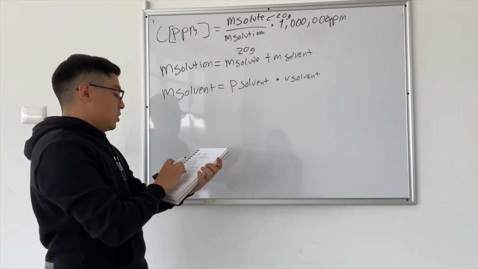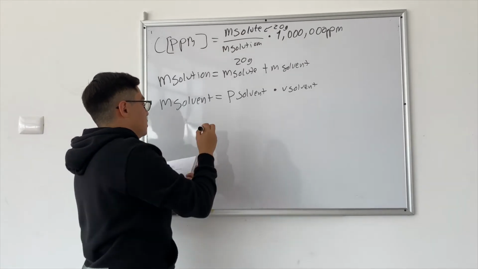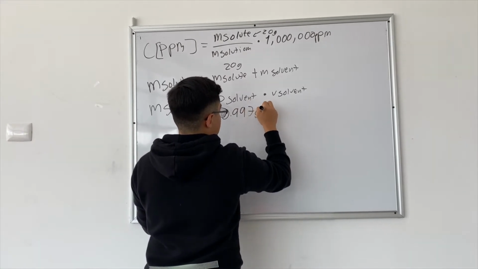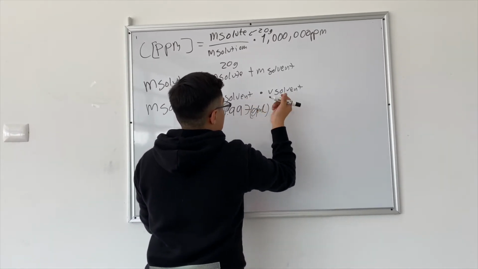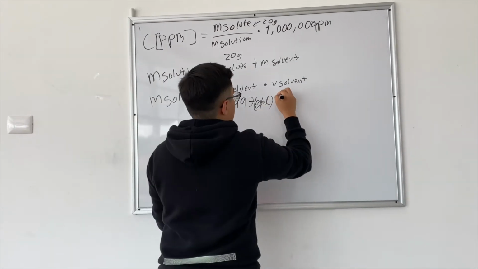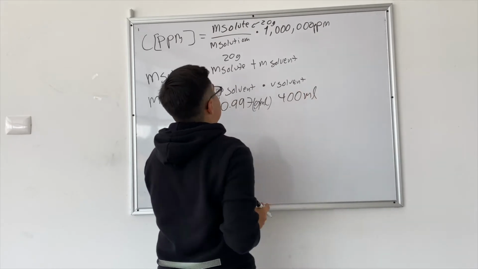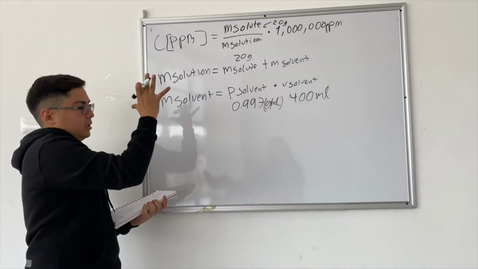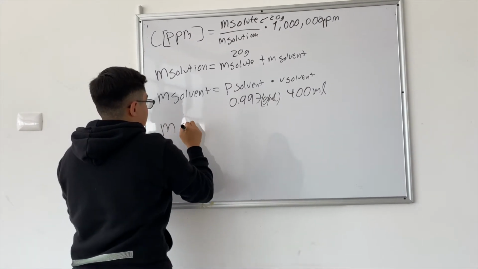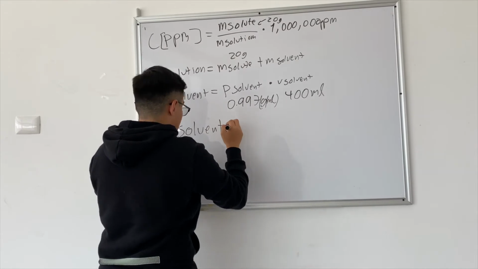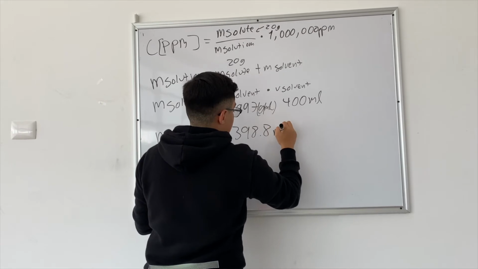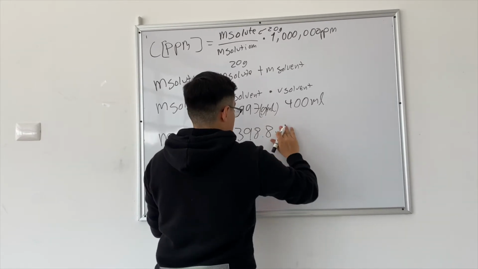So according to our data, we know that the density of the solvent equals 0.997 grams per milliliter. And we know that volume of the solvent equals 400 milliliters. So now we're gonna multiply each one. So mass of the solvent equals 398.8 grams.